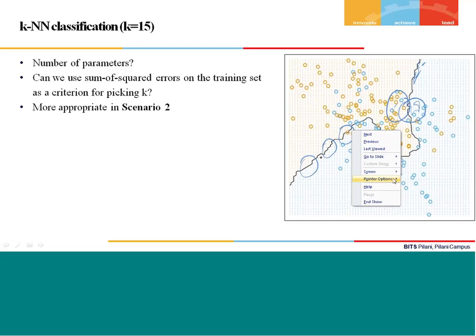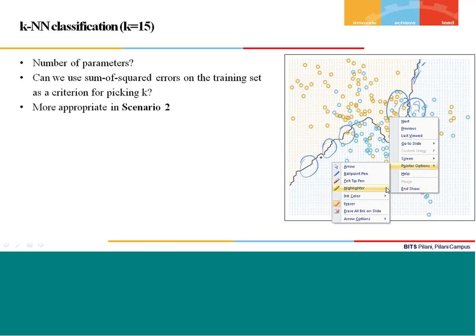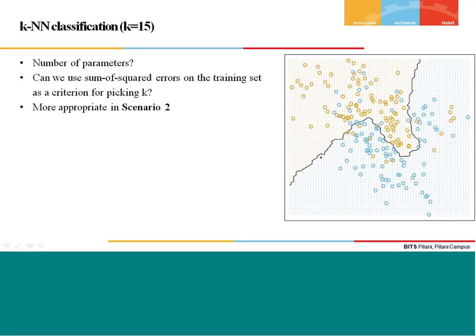What precisely I'm saying here is, for example, this is my cherry point. Let's say somebody says you have to classify using 15 nearest neighbors, and these are the 15 nearest neighbors.